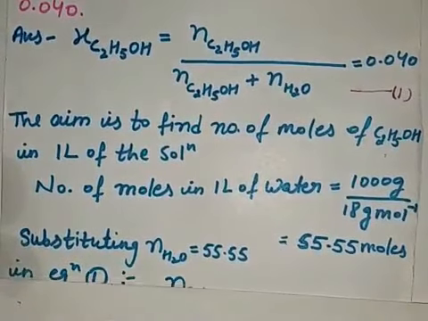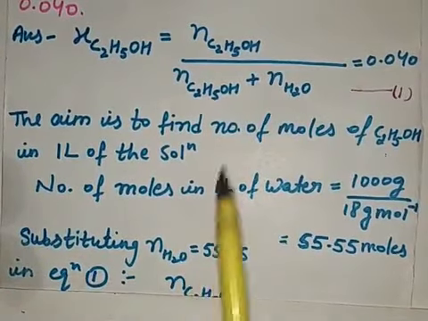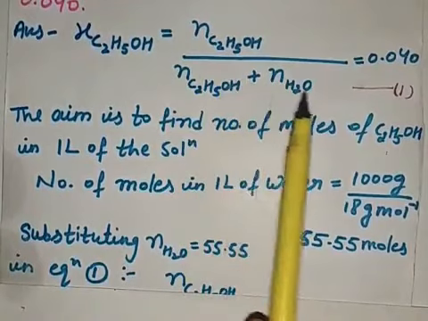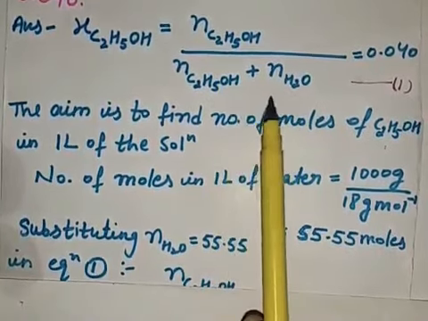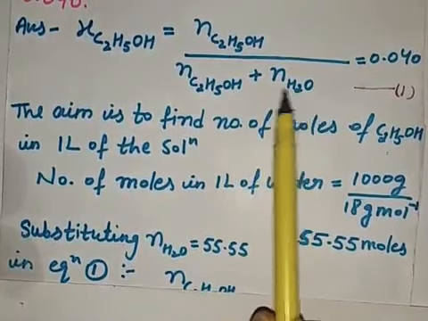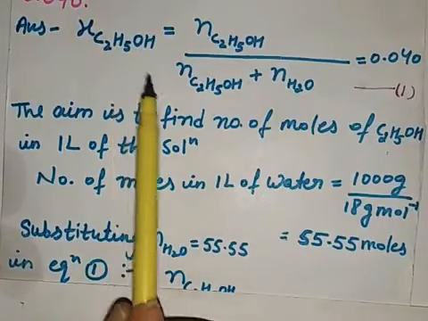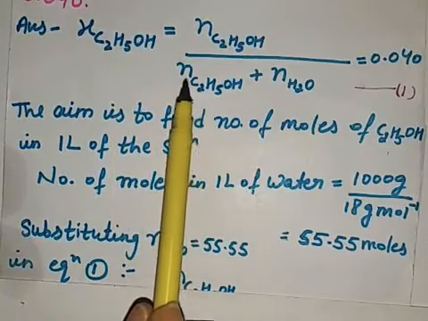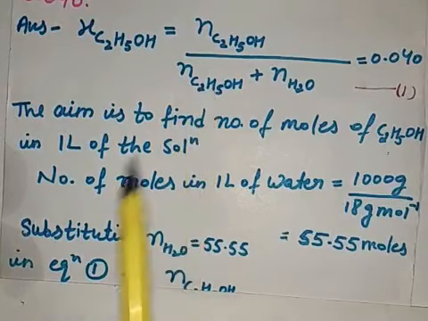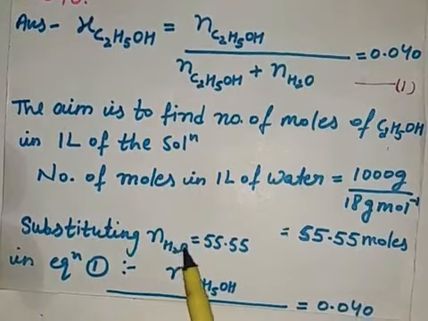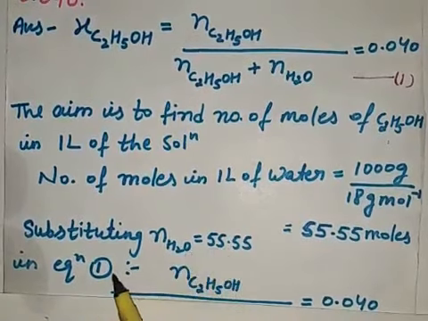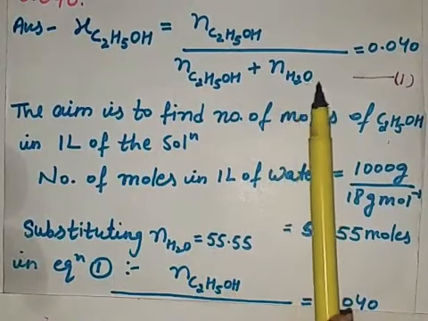When you solve it, it comes equal to 55.55 moles. Now in this formula, the number of moles of water is known and the mole fraction of ethanol is also known. So here we can easily calculate the number of moles of ethanol. Substituting the number of moles of water in equation number 1, this is equation number 1.